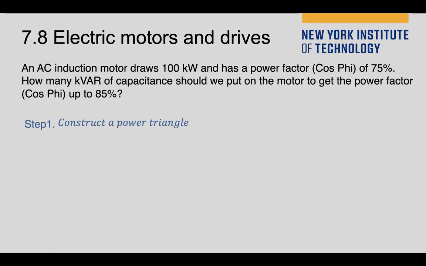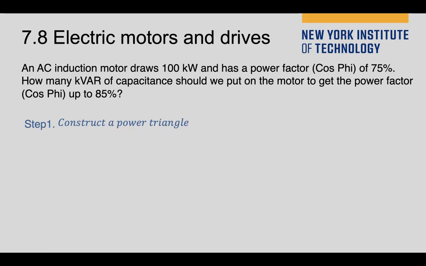According to the unit kilowatt, it also tells us 100 kilowatt is the real power, not apparent power or reactive power. Why? Because if it is the apparent or total power, the unit should be kVA instead of kW, okay?